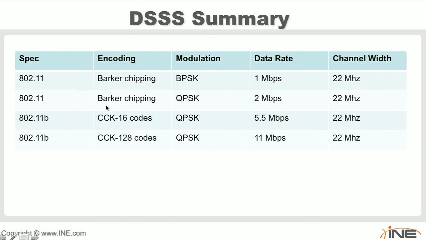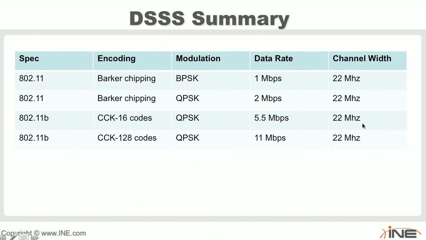At any rate, those used the Barker chipping, Barker 11, and the 1 megabit used binary phase shift keying. The 2 megabit used quadrature phase shift keying, or differential quadrature. We called it DQPSK. Same thing. With 802.11b, if we used CCK 16 codes and differential quadrature phase shift keying, we achieved speeds of 5.5 megabits per second on a 22 megahertz wide channel.